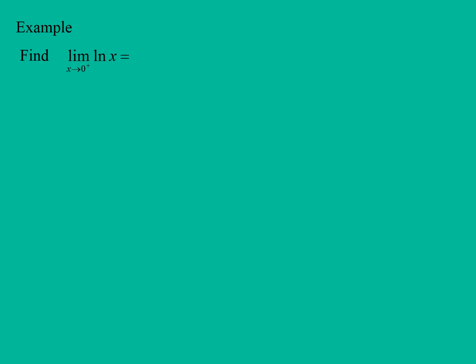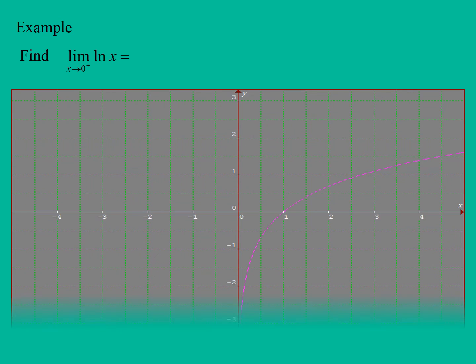Another example, the limit of ln of x as x approaches 0 from the right. So if we're approaching 0 from the right, here's x equals 0, and we're approaching 0 from the right. Let's analyze what's going on with the y values.